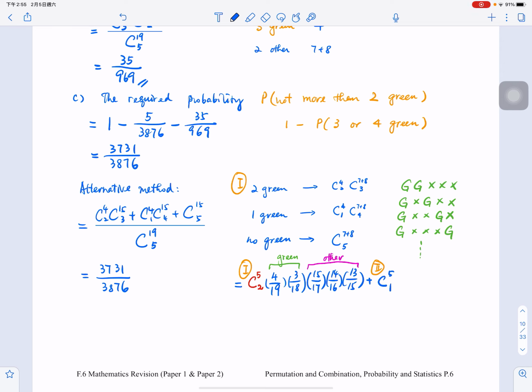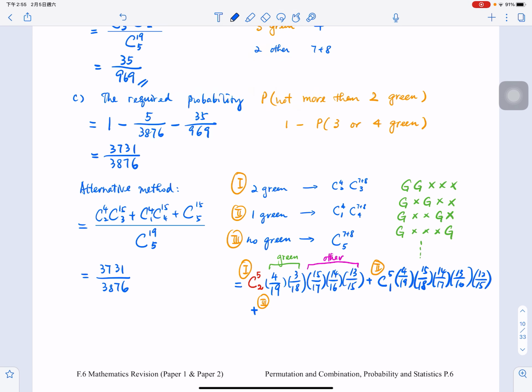Only 1 green, right? Then 4 over 19. Having chosen 1 green already, you need to choose other colors. So this one is 15 over 18, 14 over 17, 13 over 16, and the last one, 12 over 15. And finally, you need to add no green, the third case.